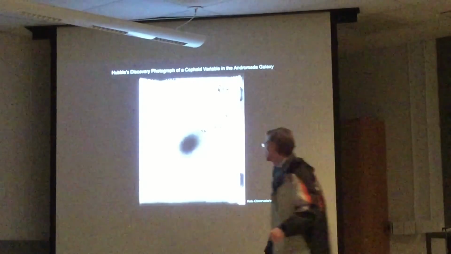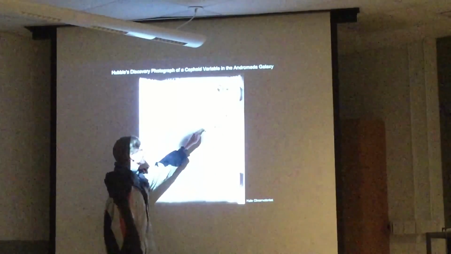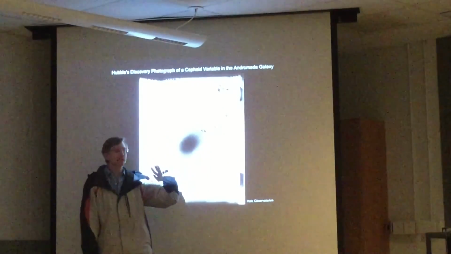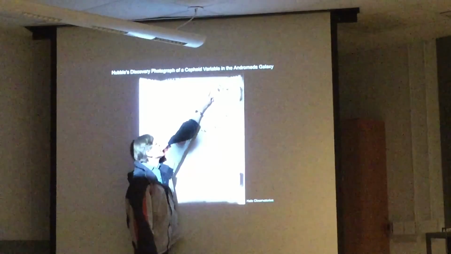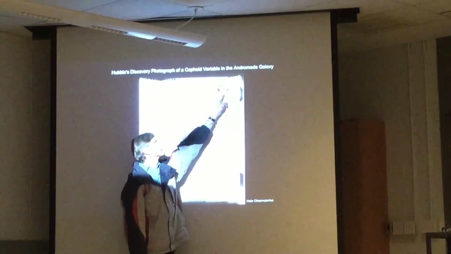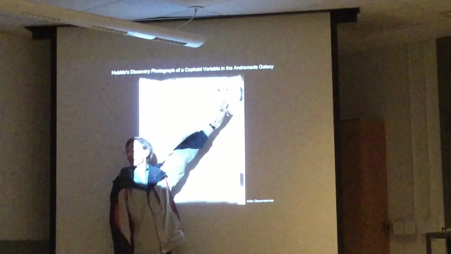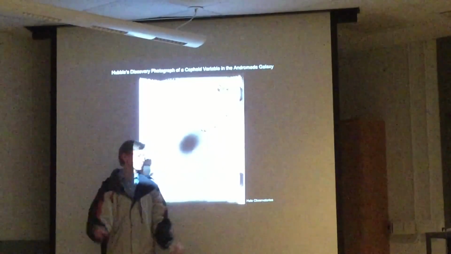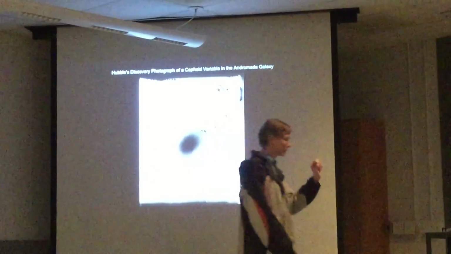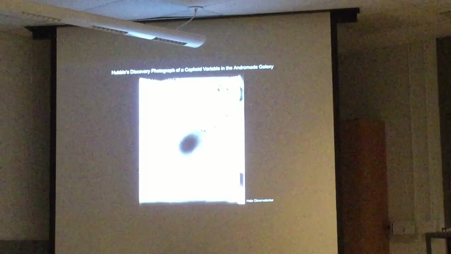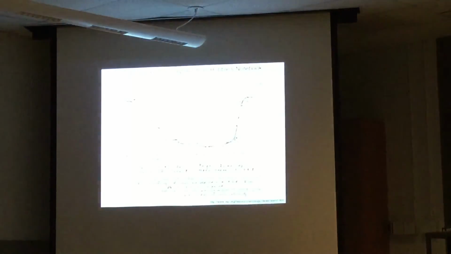So you look at something with more than 100 billion stars in it, and you're going to find some novae. Here's one that says novae too, but then he crossed it out and wrote VAR! Exclamation point. And that's because he realized upon making further observations that it was in fact a Cepheid variable. So its brightness was varying with time, and it had the light characteristic of a Cepheid.